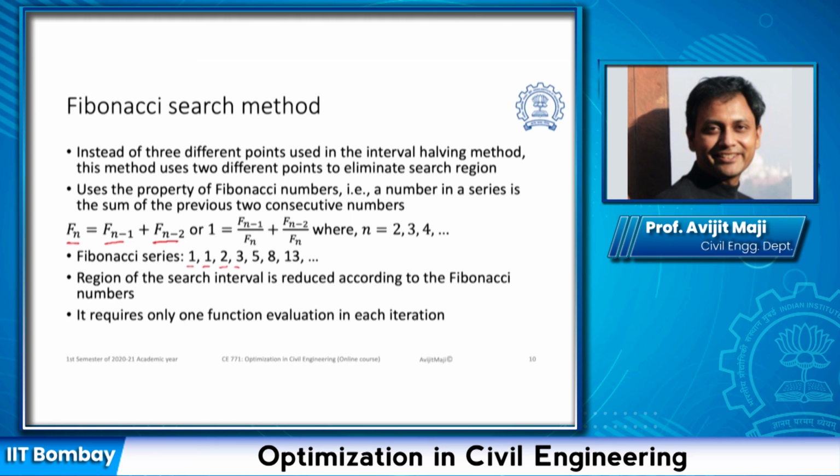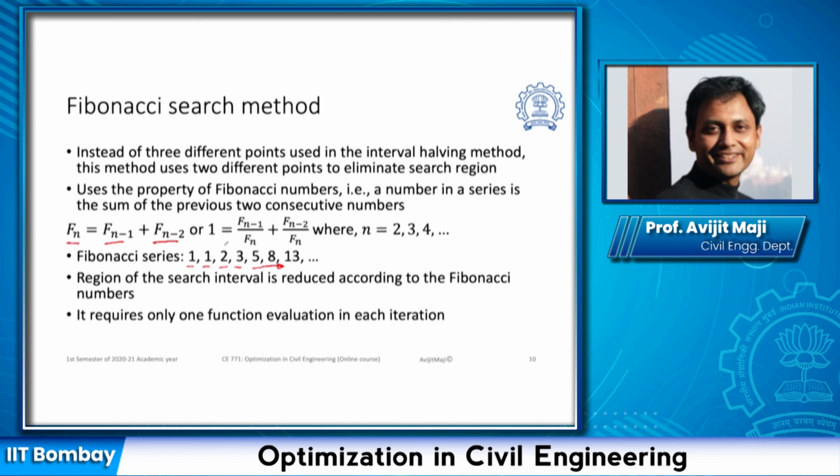Then the next number is 3, which is 2 plus 1, and the process continues. We can use this property while identifying the region and eliminating, and if we do this, we'll see that we need to evaluate only 1 function value at each iteration, except the first one where we need to evaluate 2 different function values. So first of all, let us look into one of the basic properties of this Fibonacci number.